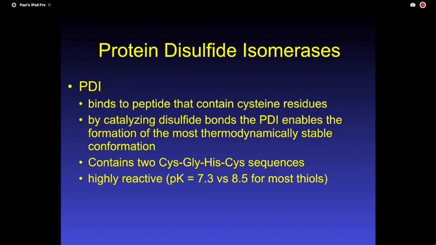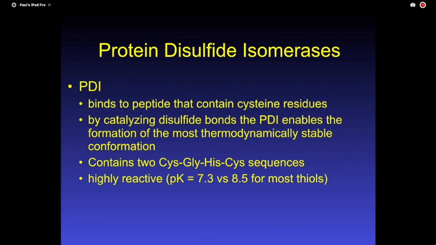They're highly reactive in that their pKa is about 7.3 versus 8.5. So if you go back to the Henderson-Hasselbalch equation, in normal solutions about half of it will be deprotonated and about half will be protonated. And so I have a sulfur that is negatively charged that loves to react with other sulfurs.